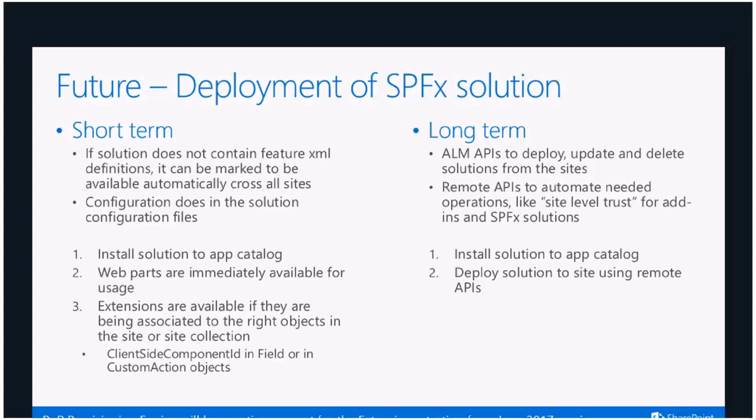So the site collection scope app catalog is there for the sake that right now, to be able to get any customizations, any SPFx customizations available within your sites, you need to get them deployed on a tenant level app catalog. And in certain customers, that can be a pretty difficult process. So customers want to have more flexibility. They want to have certain site collections where the site collection administrator will have the flexibility for installing add-ins or SharePoint Framework solutions.